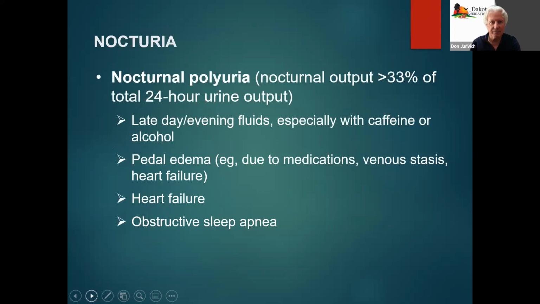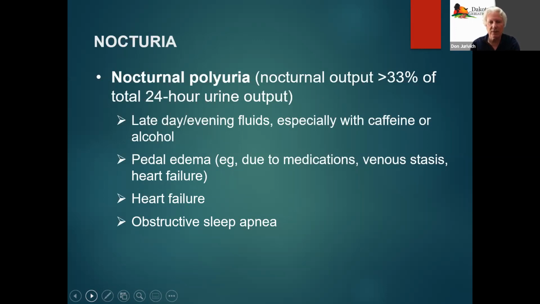Next slide, please. Nighttime urination is called nocturia. Nocturnal polyuria, meaning frequent urination, is usually described as something that occurs when at least a third or more of your total 24-hour urine output occurs at nighttime. So it's kind of like a 2 to 1 ratio.